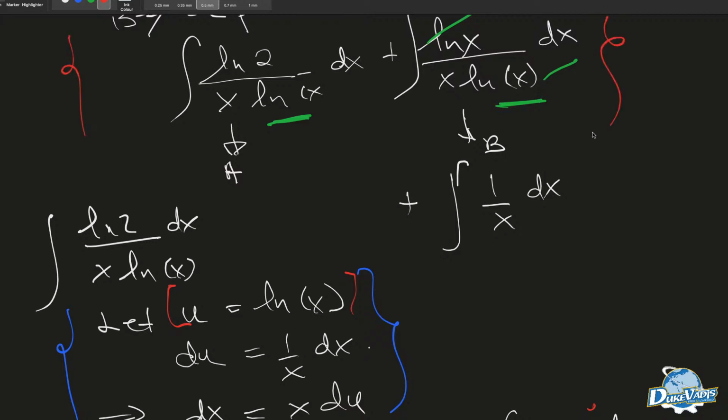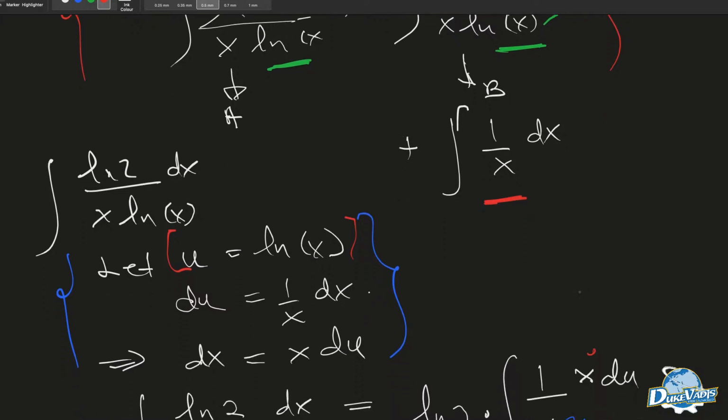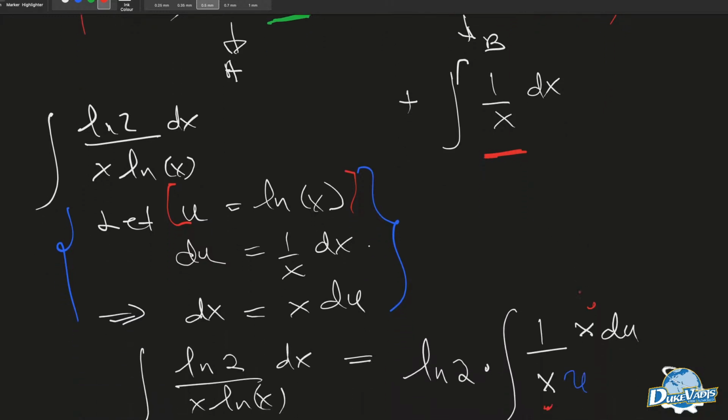Then after further observation, we realized that the x will cancel each other. So we decided to name the right one B and the left one A. After cancellation, we saw that 1 over x dx is easy to integrate, so we put it aside. Then our concentration was on the left one, the first one, which is natural log of 2 over x natural log of x.